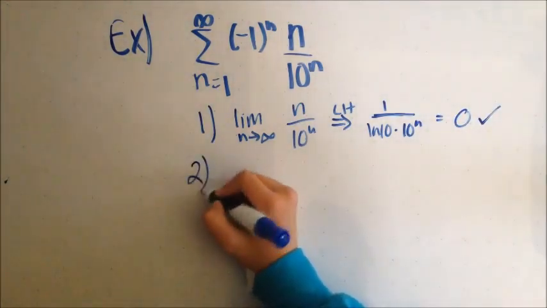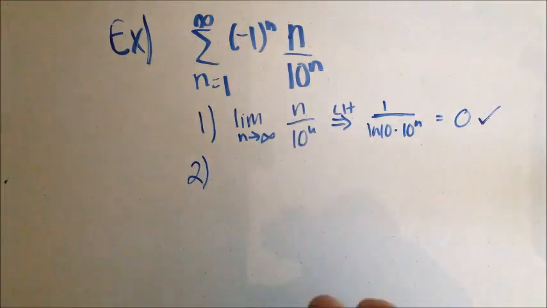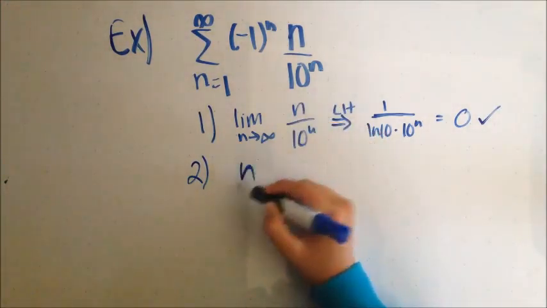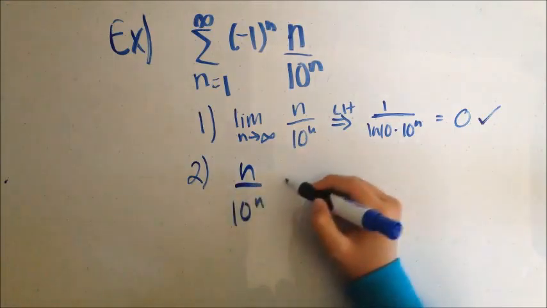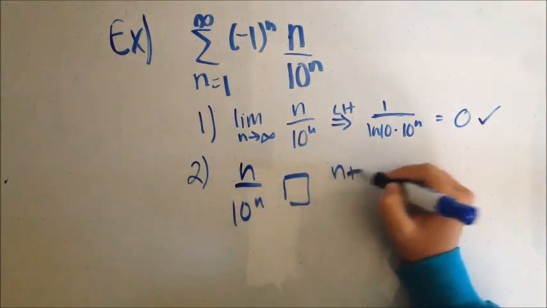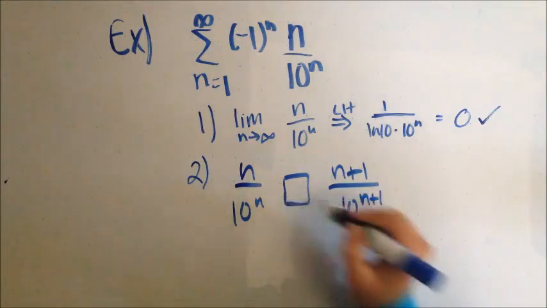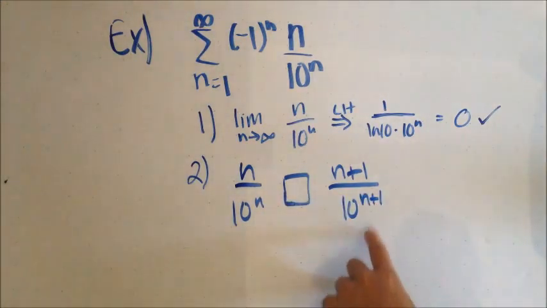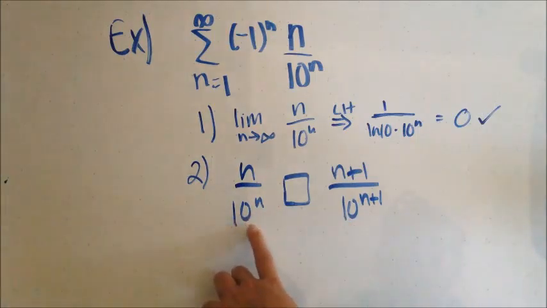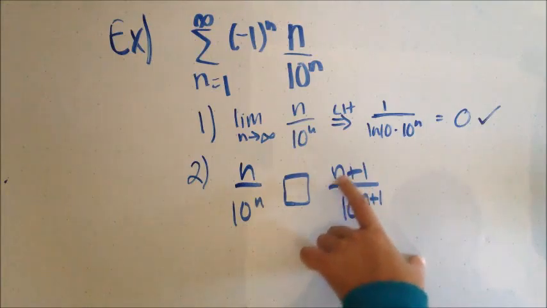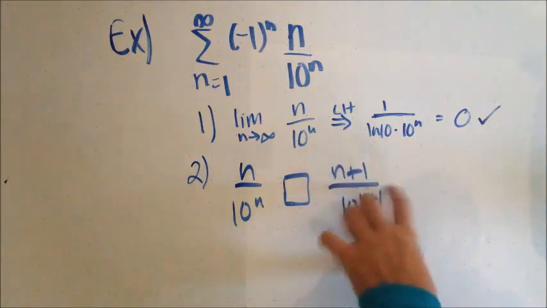Second step, we're going to have to find out if this is decreasing. So an easy way is comparing it to the next term, n plus 1, and it's clear to see here that this denominator is going to be growing much faster than this one. And in terms of infinity, the n plus 1 is a very small change.